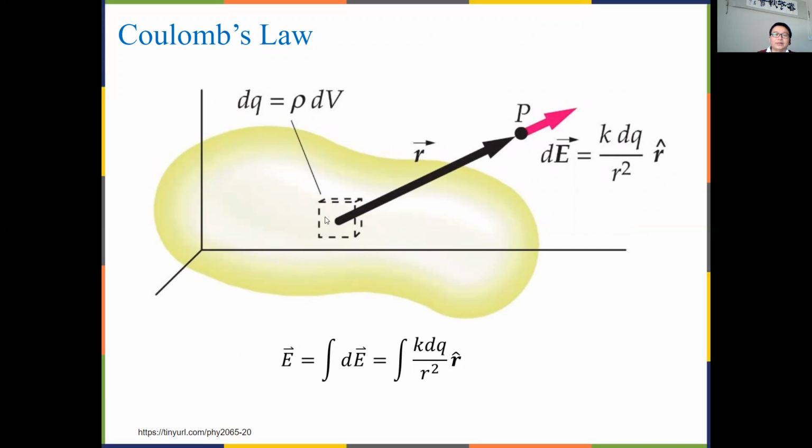You divide the body into small slices. Each slice will give you an electric field at your point of interest P. So dE is equal to K dQ, the charge of this small portion, divided by R squared times R, the unit vector, to indicate the direction of the electric field.